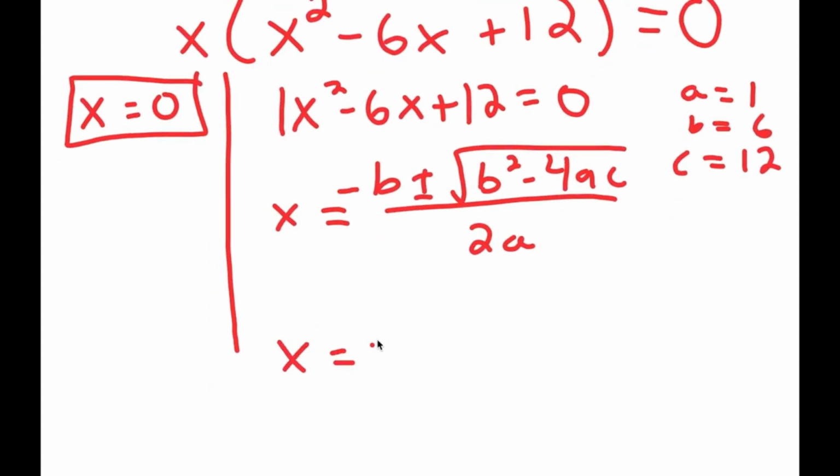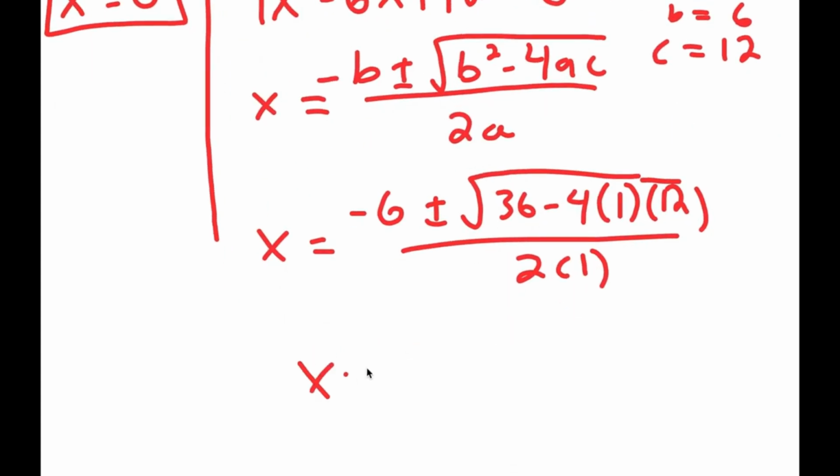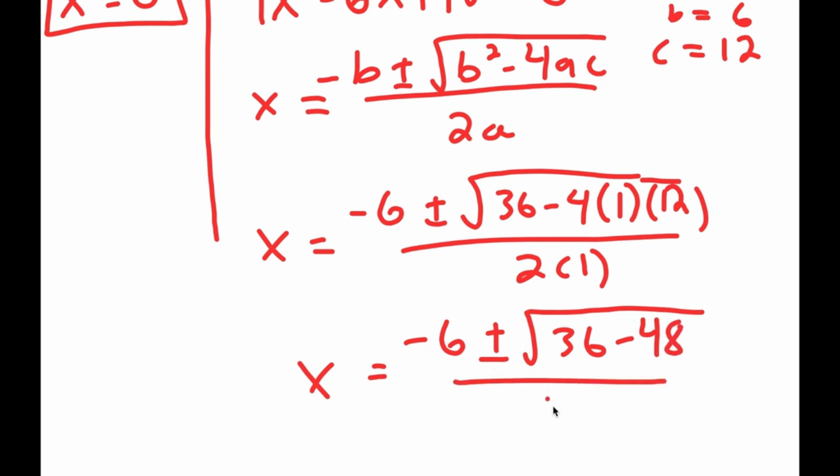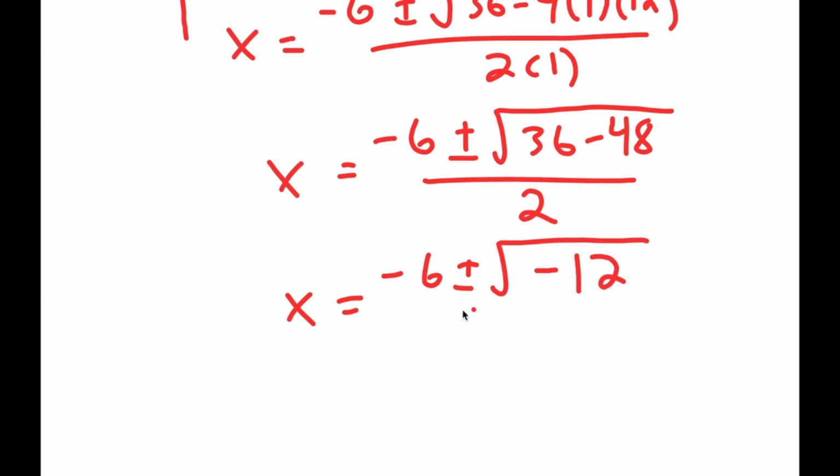So if I plug these values into my quadratic formula, I get negative 6 plus or minus the square root of b squared, so 6 squared, which is 36, minus 4 times a, which is 1, times c, which is 12, all over 2a, so 2 times 1. And this is equal to negative 6 plus or minus the square root of 36 minus 48 over 2 times 1, which is 2. And this is equal to negative 6 plus or minus the square root of 36 minus 48, which is negative 12, over 2.